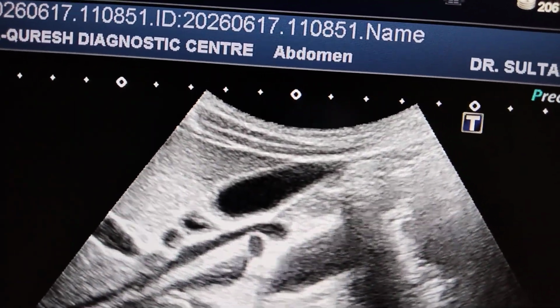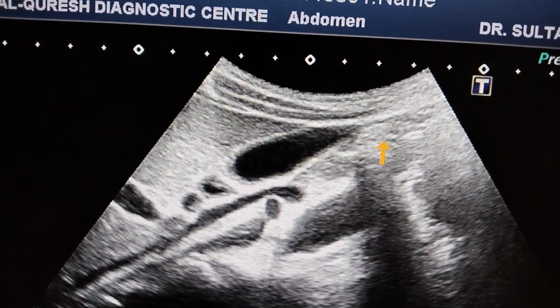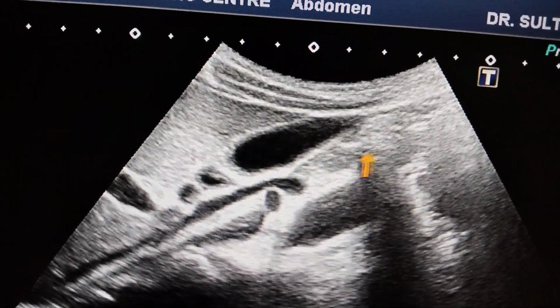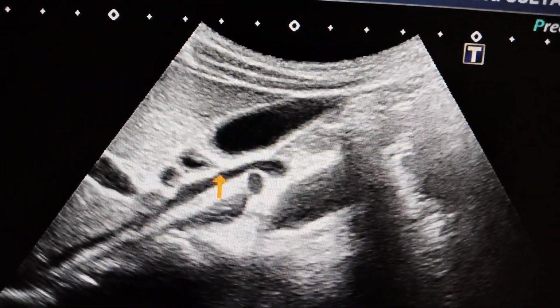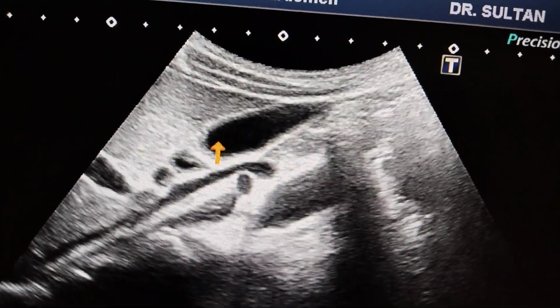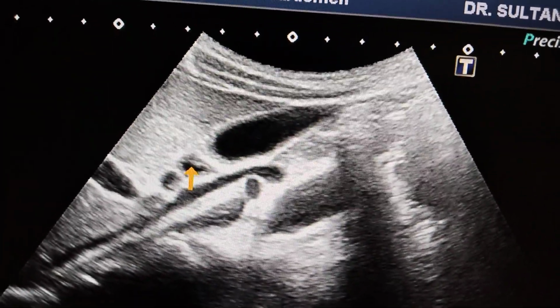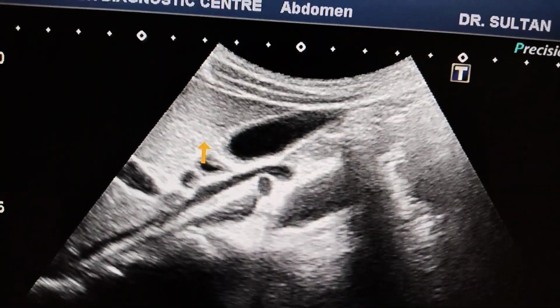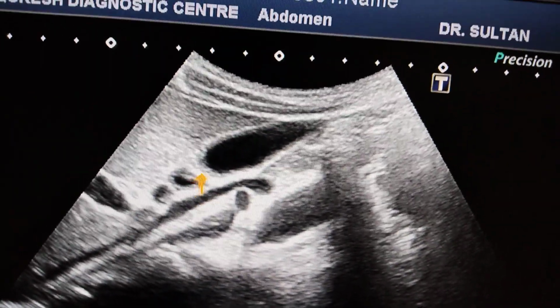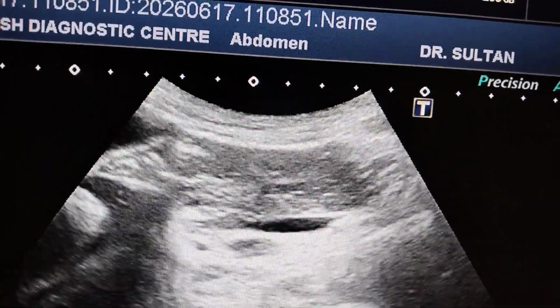As we can appreciate, there are normal variations in the shape of the gallbladder, and also here we can appreciate some line between the neck and the body. This is called a junctional fold or defect. So many variations are here.